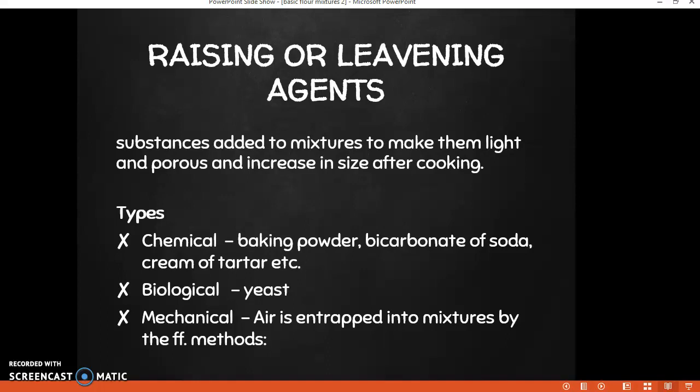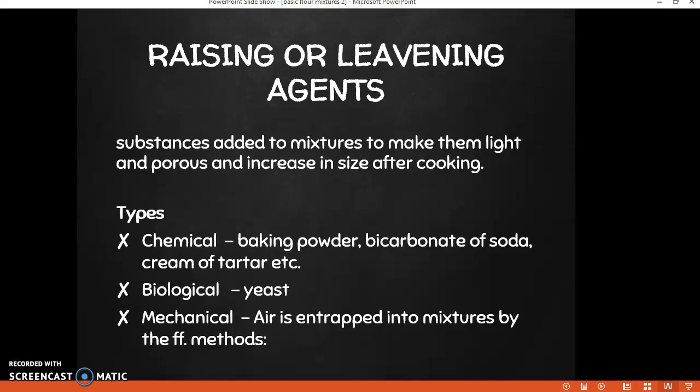We have different types of raising agents, which include the chemical ones like baking powder, bicarbonate of soda, cream of tartar, just to mention a few. The biological one is yeast, the yeast we use in making our bread and doughnuts. We have the mechanical raising agent. This is by the use of air.